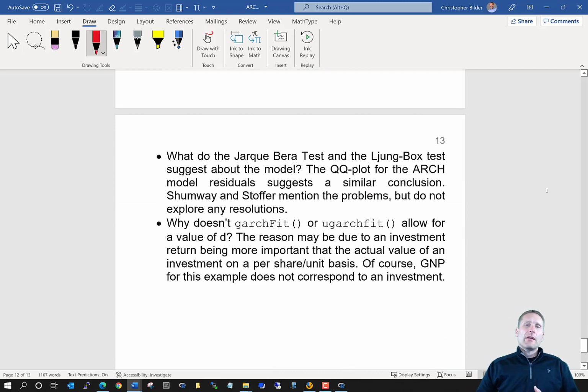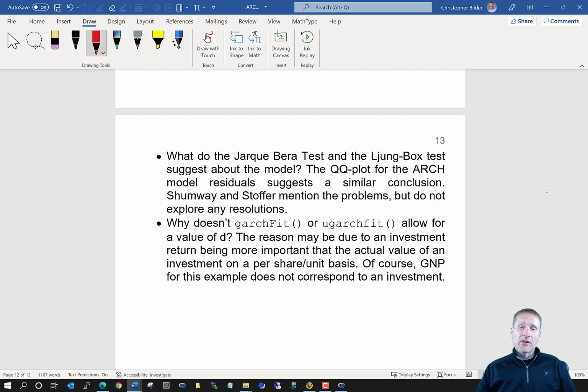So the purpose of this example was to try to reproduce the results that were in Shumway and Stoffer's example. And my parameter estimates, everything else matches what they got. Am I satisfied with the model's fit? No. There could be other investigations done corresponding to this data as well to see if maybe you can get a better model fit.